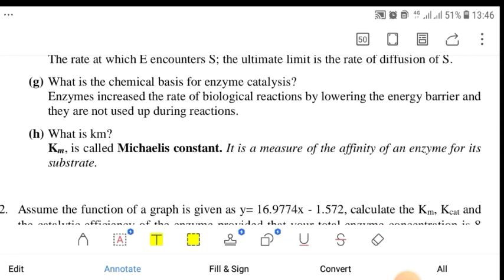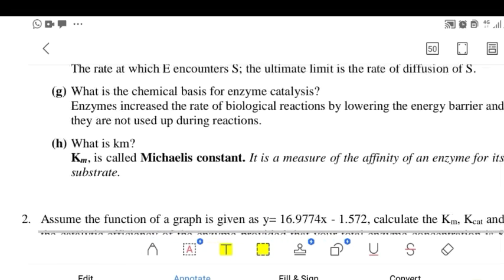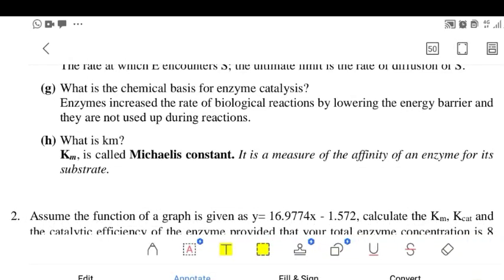Then what is your Km? Your Km measures the affinity of an enzyme for the substrate. The lower the Km, it tells you that your enzyme has greater affinity for your substrate, which is better.